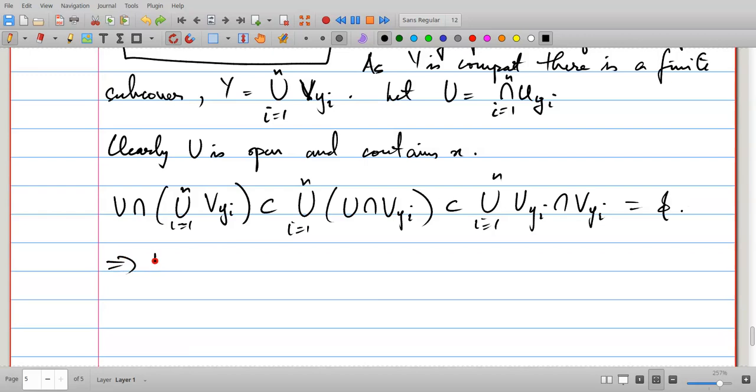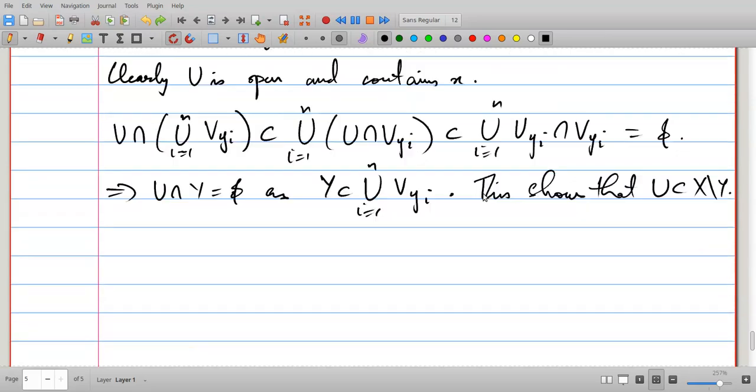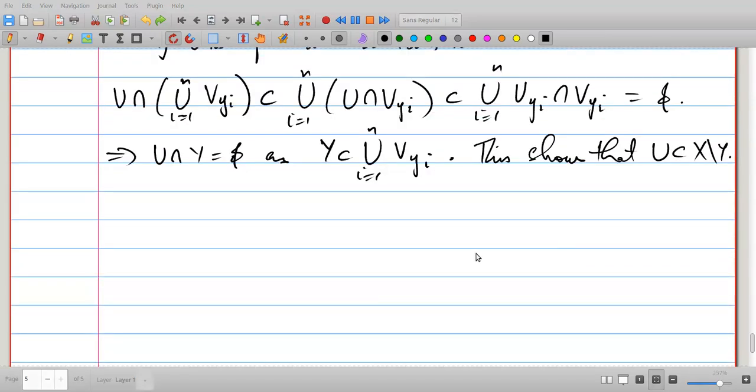So this implies that U intersection Y is empty, as Y is contained in this union. So this shows that U is contained in X minus Y. Thus, X minus Y is open, which proves the proposition.